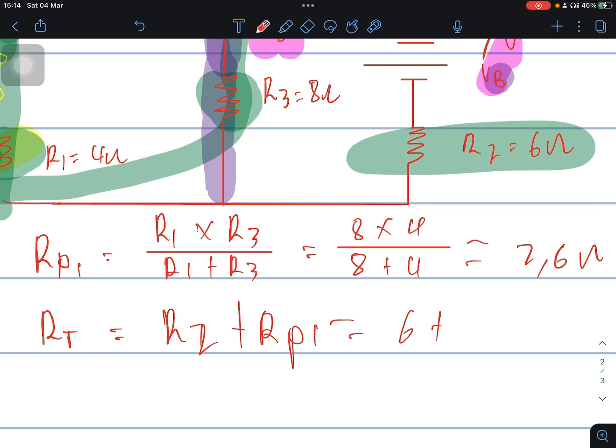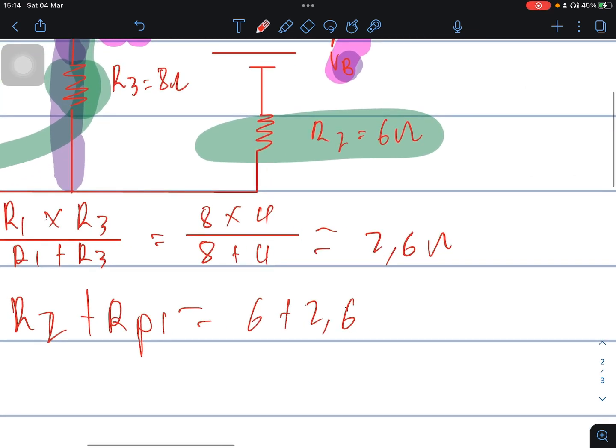R2 is 6 plus 2.67, which gives us 8.67 ohms.